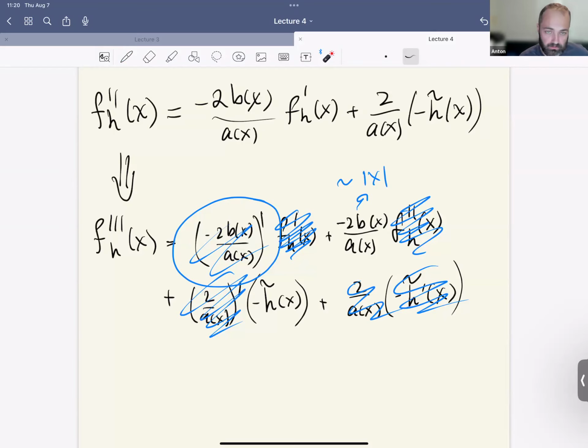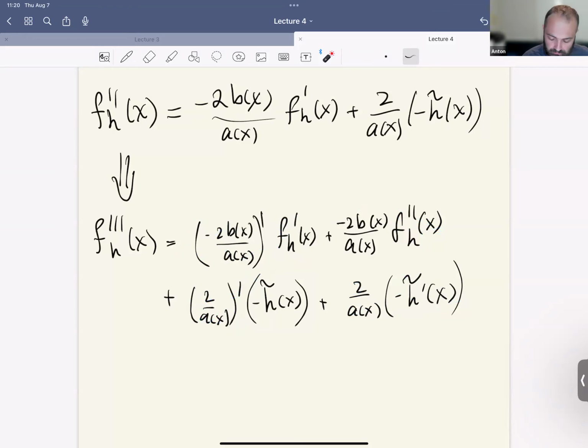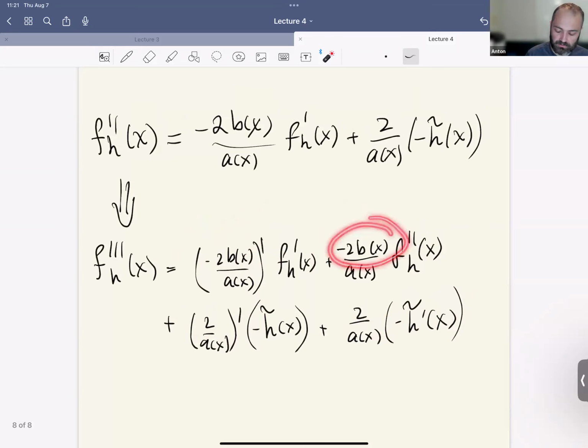I said we could have a crude bound, a worst bound, showing the second derivative is sublinear. Using a similar argument, we can show that the third derivative is sublinear. That's a crude bound, but actually we can do a lot better. So this is a constant, this is a constant, this is a constant. The only issue with the potential linear growth comes because the b is multiplying the f double prime.